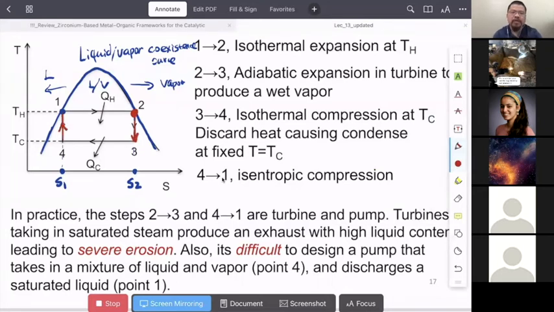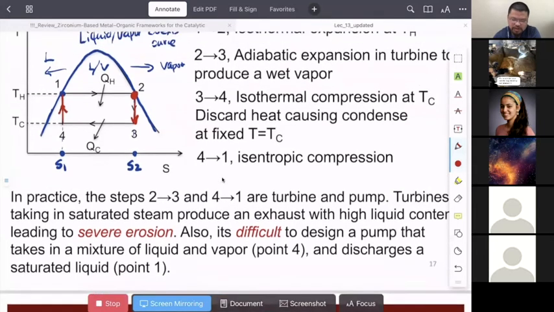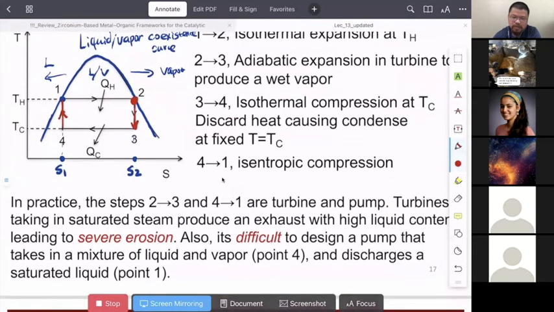Still involving the turbine and pump discussions. So we realized two technical challenges in reality. One is if we are going to use a turbine and a pump, so here is the turbine process, here is the pump.